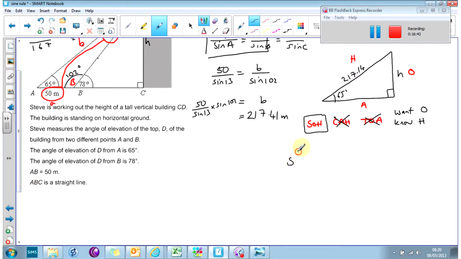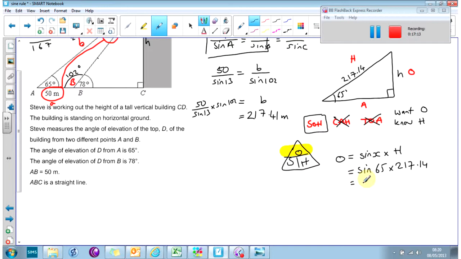SOH, and I'm using the nasty little triangle here, looks like that. And we want to work out the opposite, so we cover up the opposite, and we can tell that O is equal to S, which is sine x, times h. So we've got sine of 65 times 217.41.